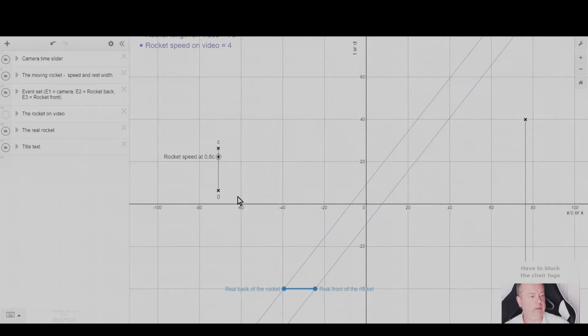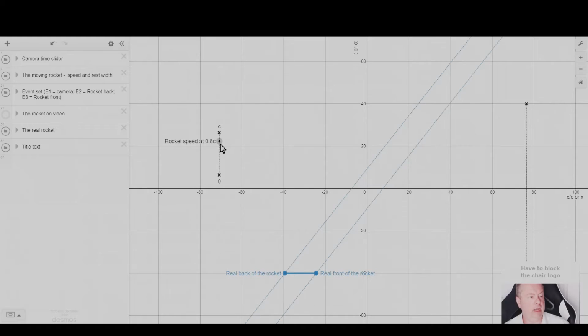What I also did is I added a speed slider so you can make the rocket go not moving at all. Then you will see it's exactly 25 meters and minus 12.5 plus 12.5, so it's 25 meters long, and it just moves through time. Its location never changes.